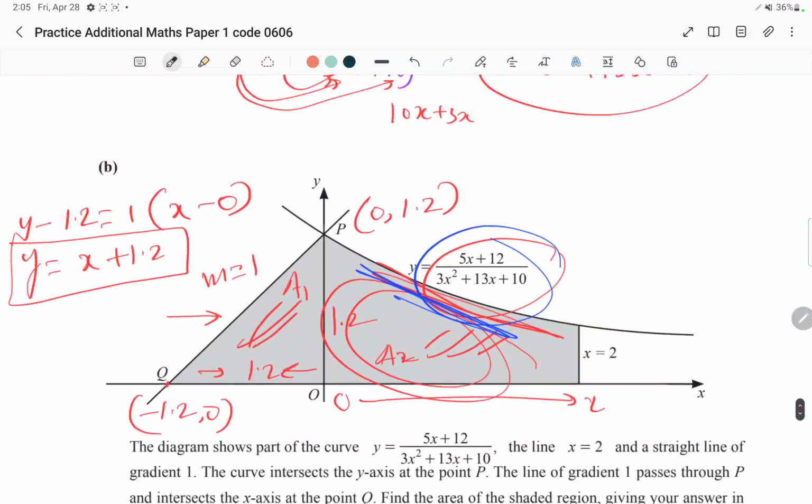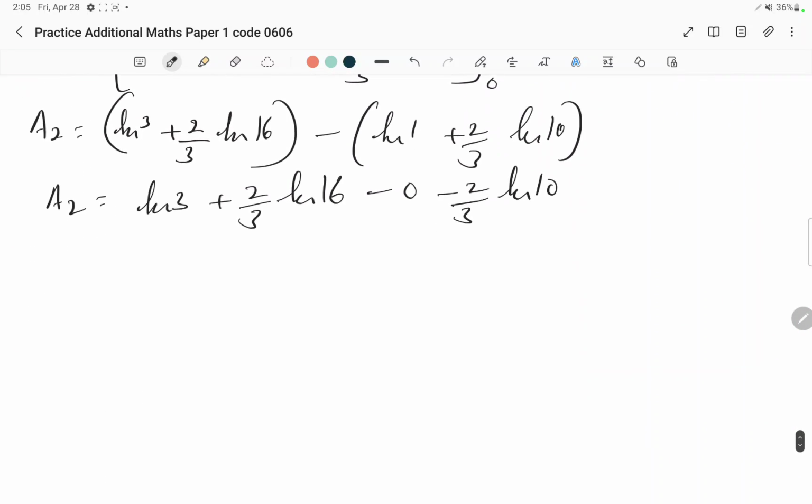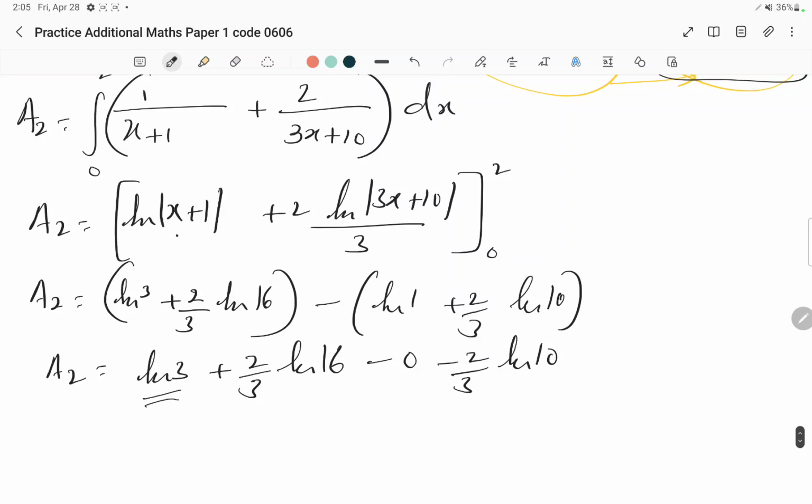In which form do we have to write the answer? Okay, constant plus 2 over 3 ln 2 over 3, but I got this ln 3 as well, so 2 over 3.